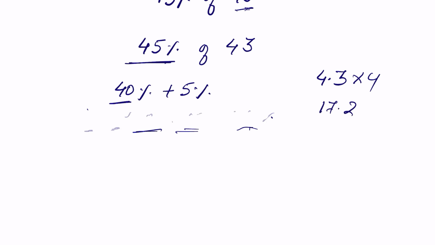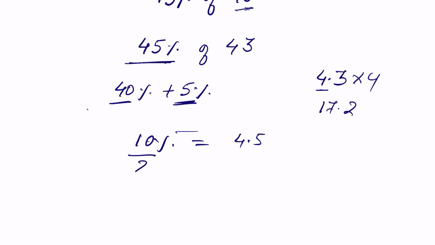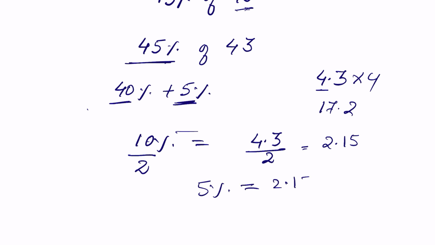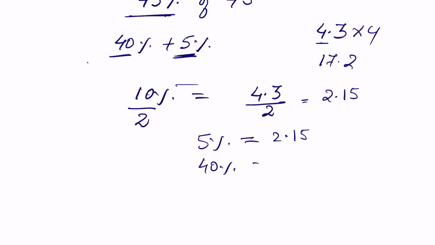Now 40% is 17.2 and 10% was 4.3. Now we have to find 5%. If we divide 10% by 2, it becomes 5%. 4.3 by 2, then we will get 5%. This is equal to 2.15. So 5% is 2.15. 40% is 17.2.